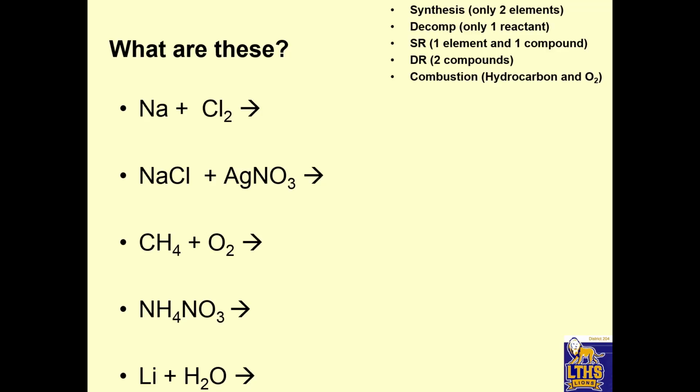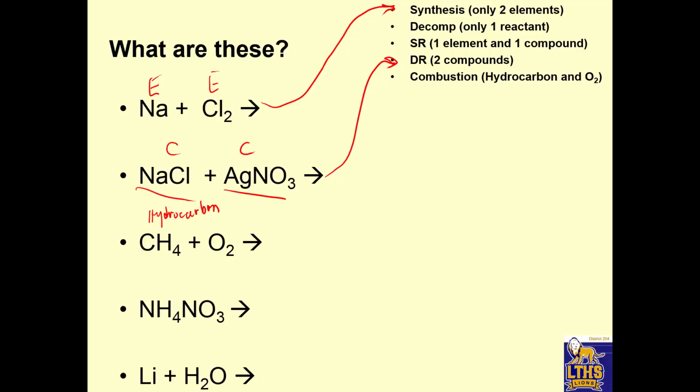Whoa, look at this. Okay, so we've got an element here and an element there. Those are two elements. This is going to be a synthesis reaction because the only thing they could do is come together. Compound, compound, compound, compound. Let's see what a compound is. Double replacement. Okay, hydrocarbon. So we have a compound with hydrogen and carbon, and the element oxygen.